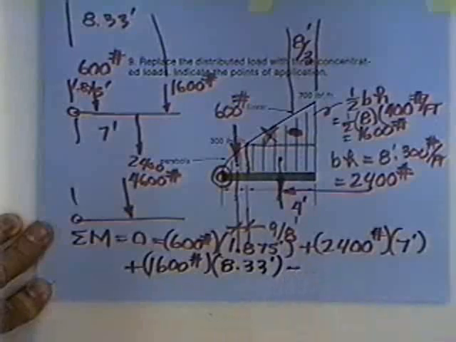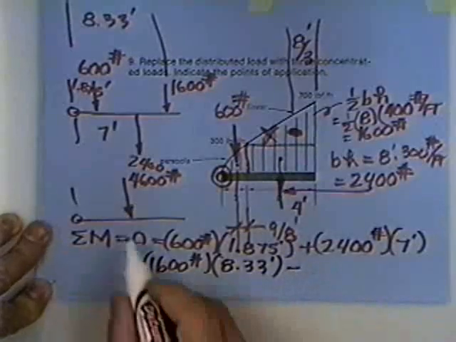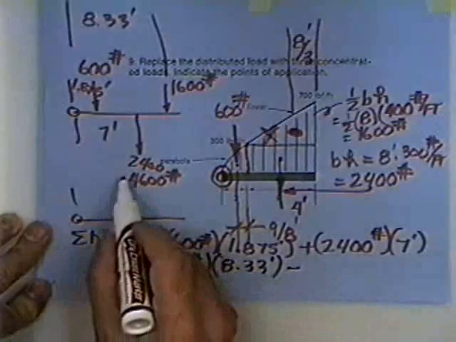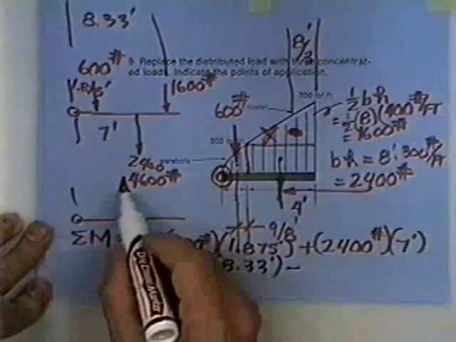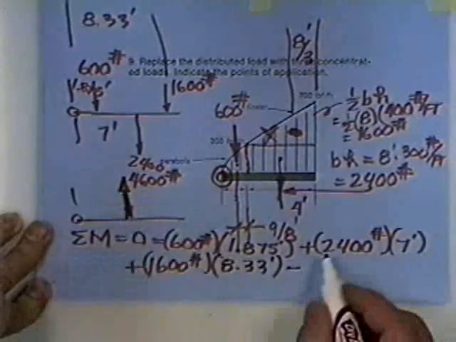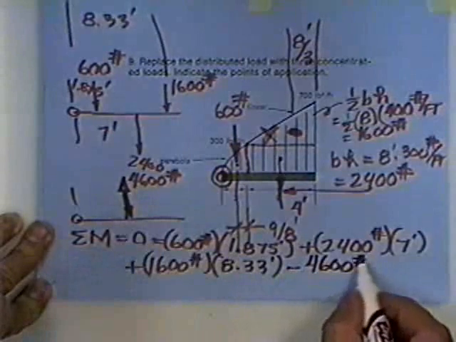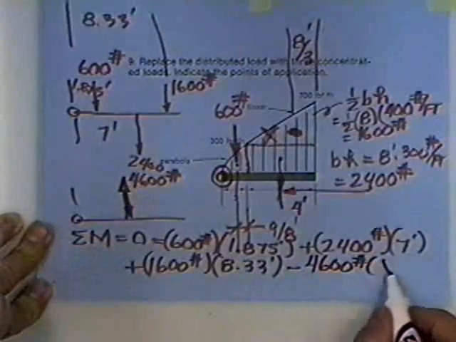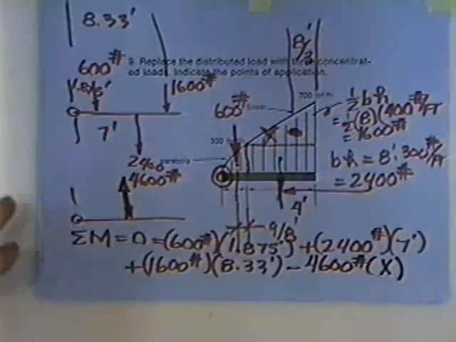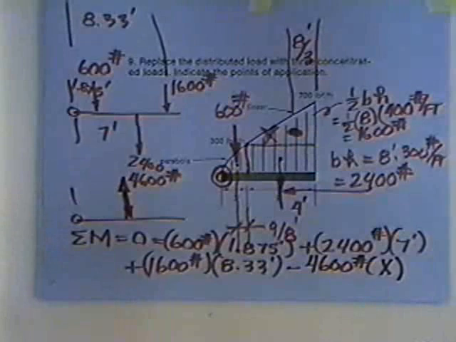From that, I'm going to subtract the resulting force, the 4,600-pound force, and I'm just going to pretend it is backing up against all these other guys, minus 4,600 pounds, the sum of the forces, times, I don't know, but at just the right distance so that the sum of all the tendencies to roll comes out 0.